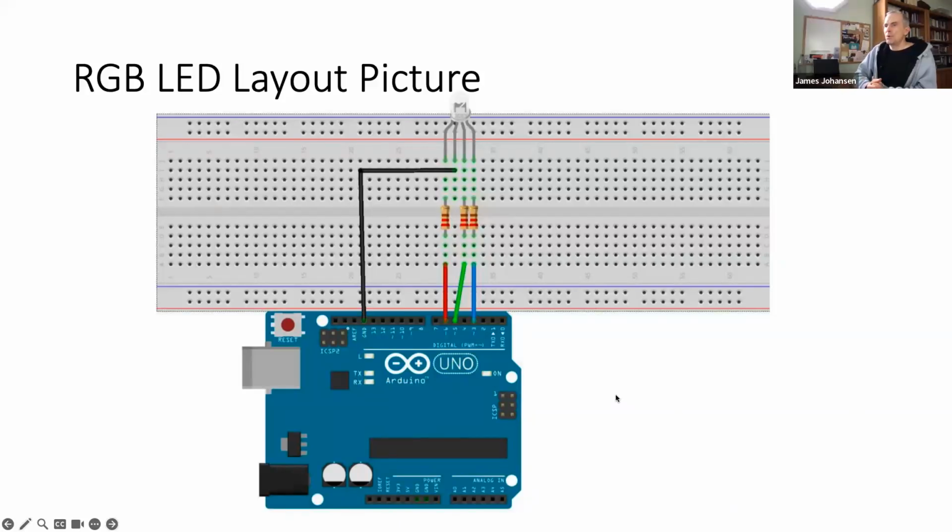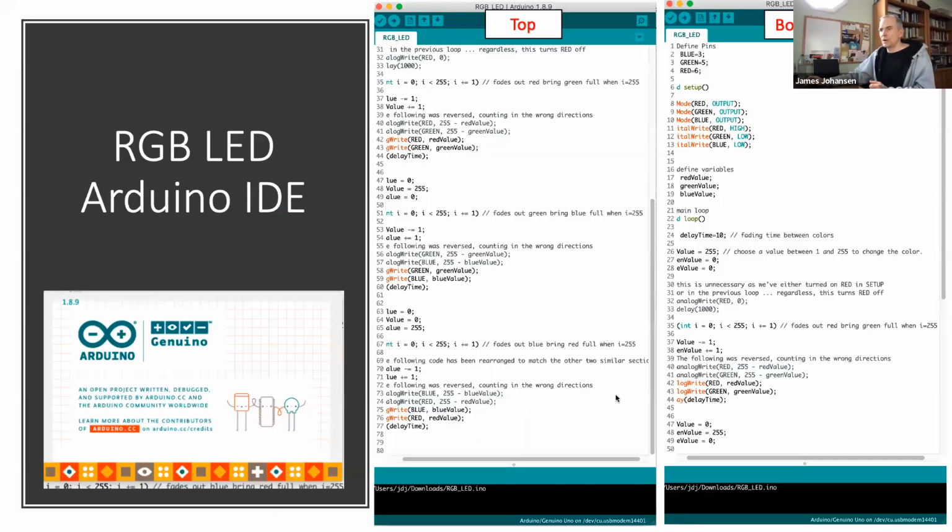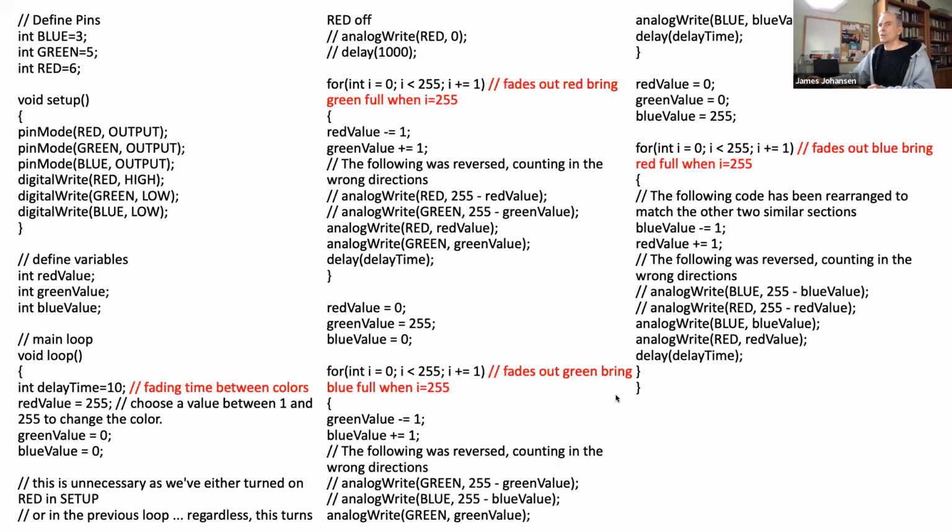So this is an example where sometimes the hardware side can be easier than the software side. I'll pull up my Arduino IDE in a second, but this is just a screen capture of some of those lines of code.